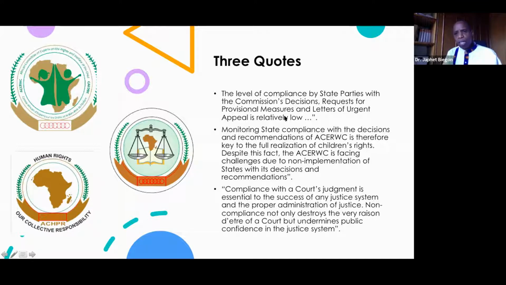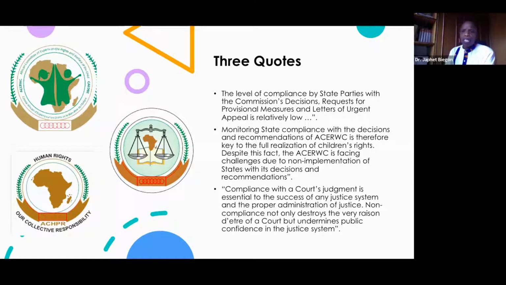The first quote is from the African Commission on Human and Peoples' Rights. This is from their 47th activity report, where they say that the level of compliance by state parties with the Commission's decisions, requests for provisional measures, and letters of urgent appeal is relatively low.